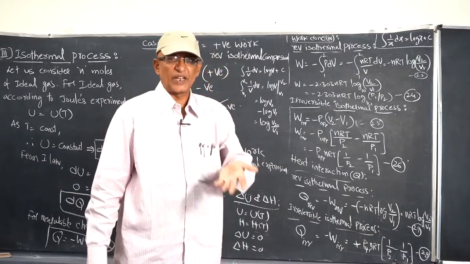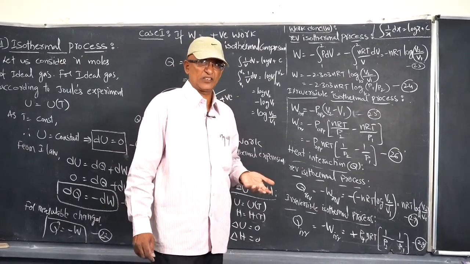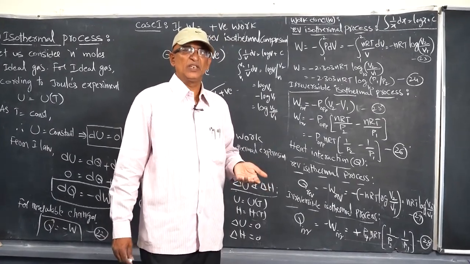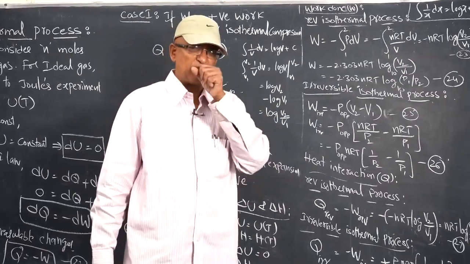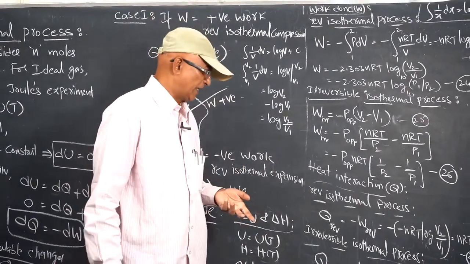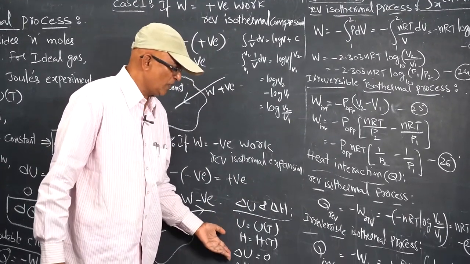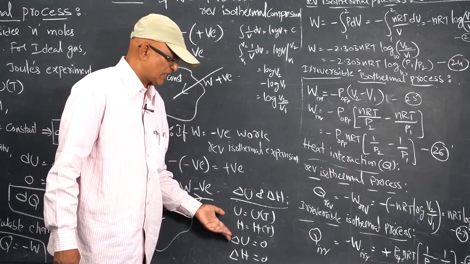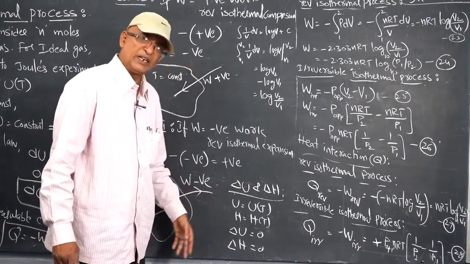For example, take the free expansion of a gas. Free expansion of a gas is an irreversible isothermal process, and also an irreversible adiabatic process. Therefore, for free expansion of an ideal gas, or of any gas, delta U is 0 and delta H is 0.